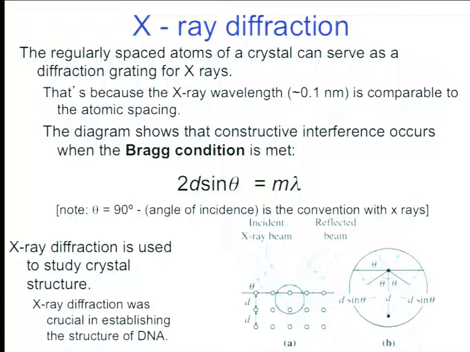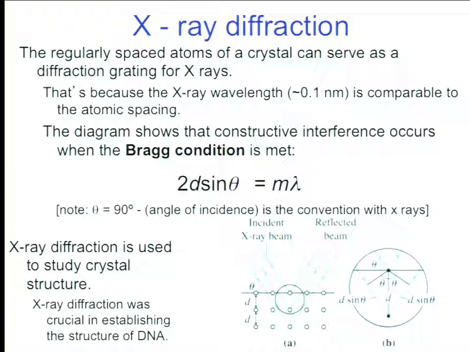And once you know d, and if you know the angle through which you're looking, you get lambda from lambda is equal to d sine theta over the order of the diffraction. That is how many wavelengths you have. So this is a spectroscopy thing where you're trying to determine the wavelength of the light or the wave.